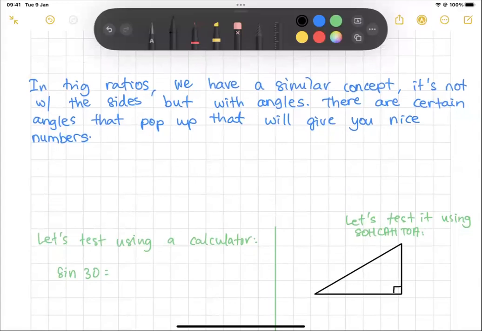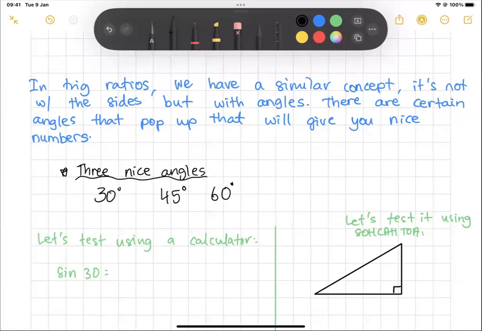These three nice angles are 30, 45, and 60 degrees. Okay. These three angles will give me a really nice value when I solve for it.